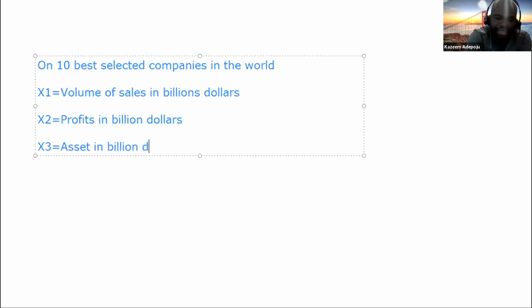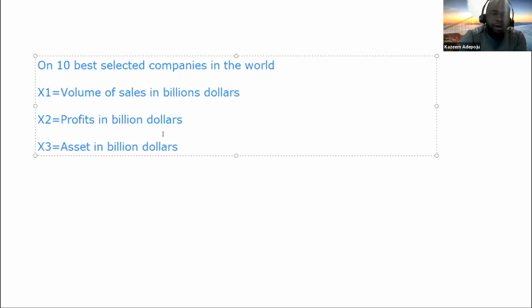I think you guys can see that right now. So of course I'm going to have a 10 by 3 data matrix, depending on the number of years that I collect. I got three variables.